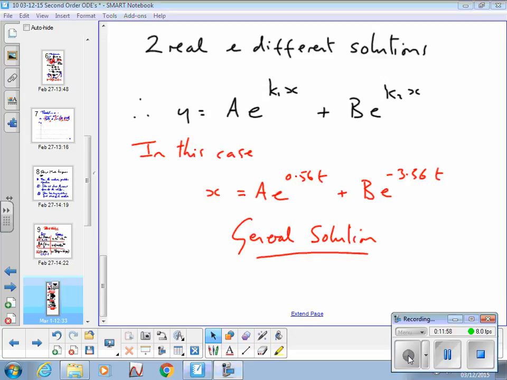So I just have to talk through this bit. So we've got two real and different solutions, so it gives us this solution.